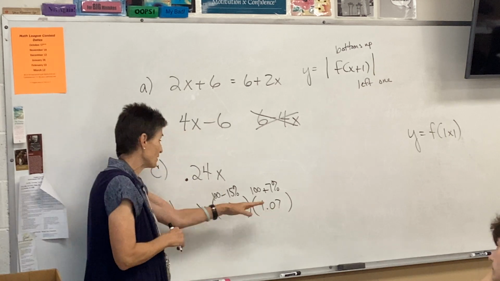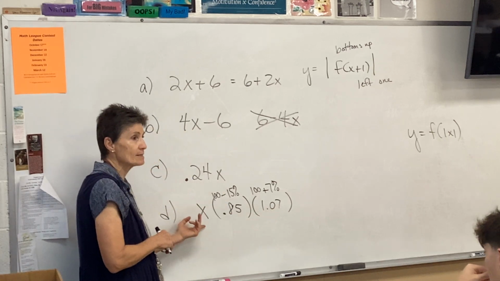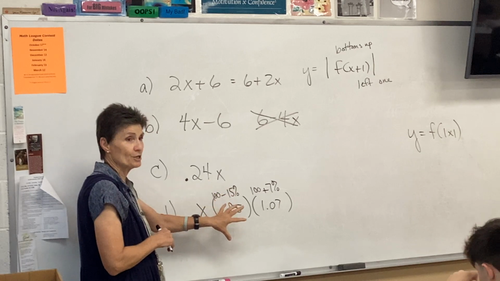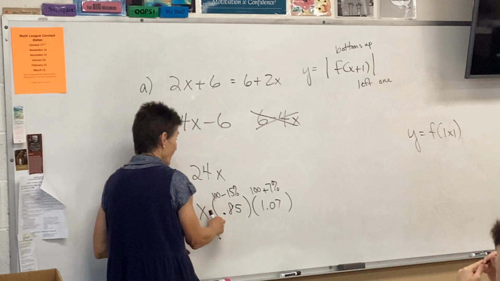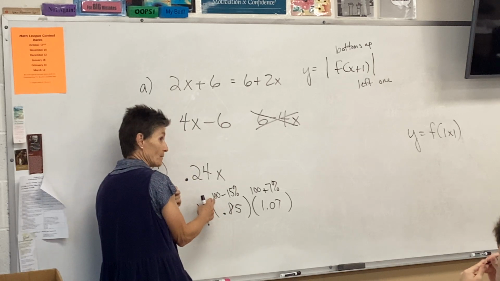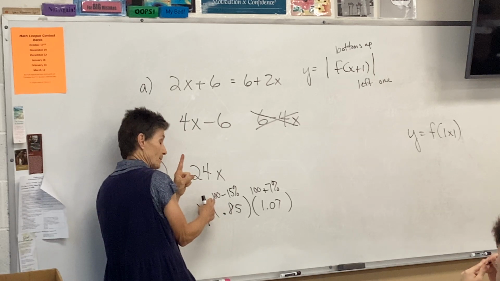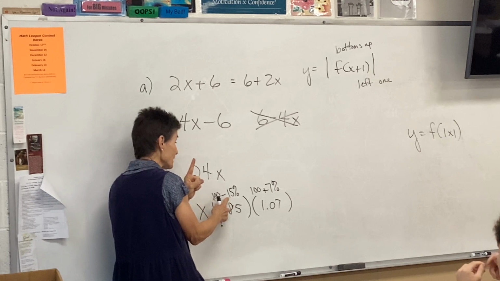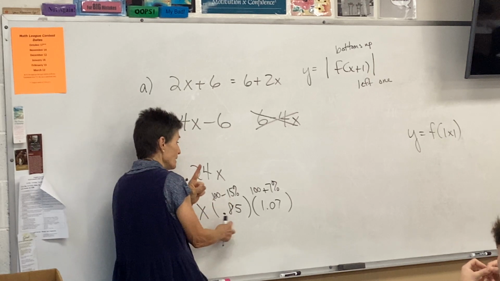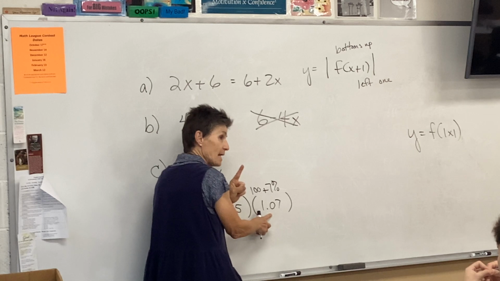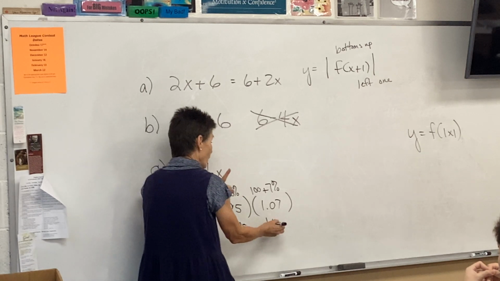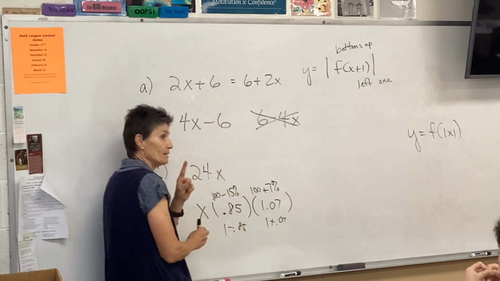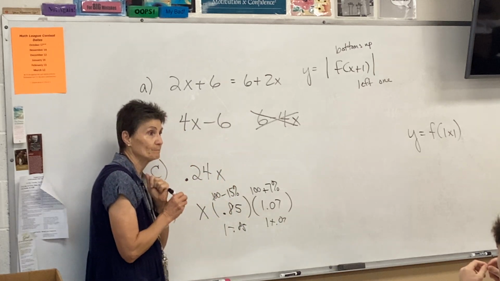Now, I can't really figure this out because I don't know what x is, but that's the strategy we're going to use every time. When we figure out what we're multiplying by, we start with 100%, 1, and we subtract our percentage if it's a takeaway, and we add our percentage if it's an add. So 1 minus 0.15, 1 plus 0.07. That's what I multiply by.